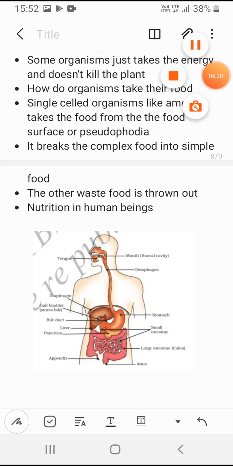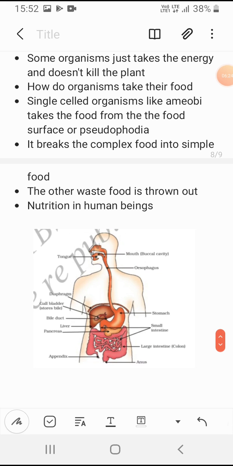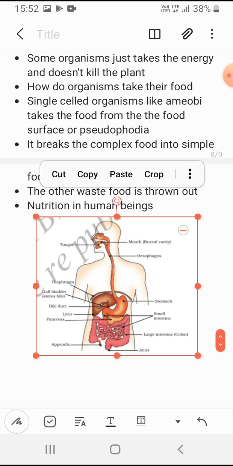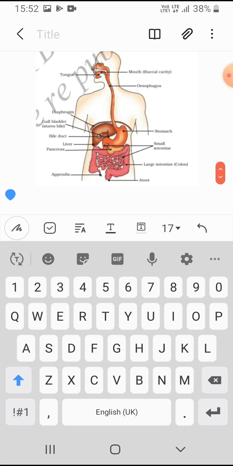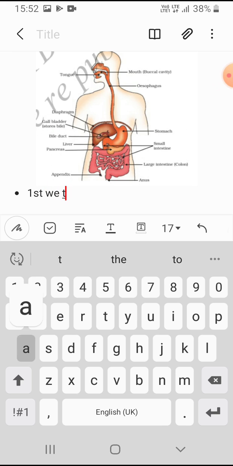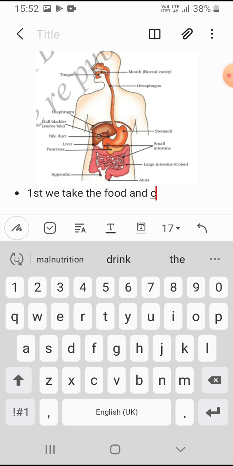So let's know about how the food is digested in the human body. First we take the food and chew it in our mouth, as you all know.